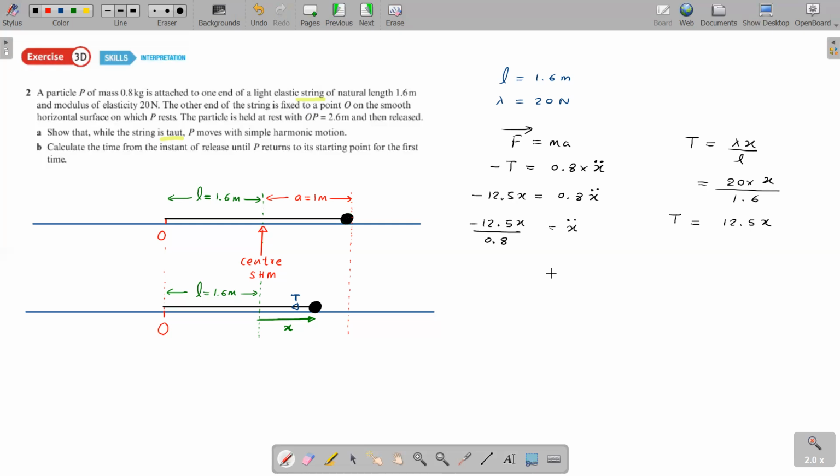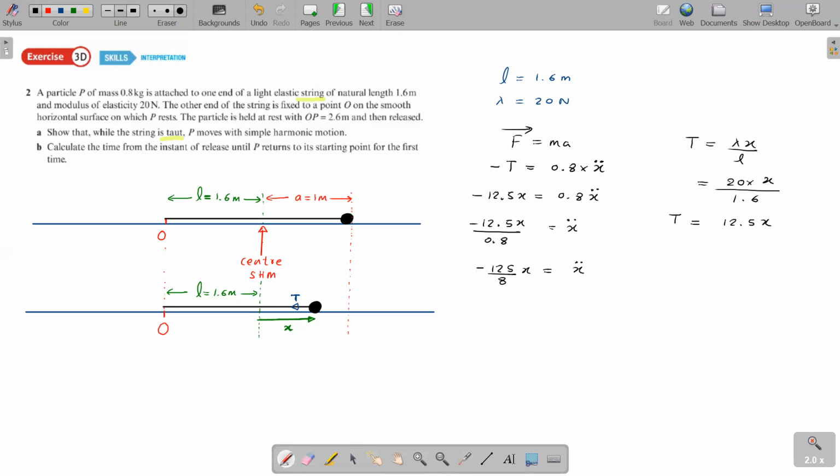That is 125 over 8, right? So minus 125 over 8 x equals x double dot. Or you can make it decimal, minus 15.625x equals x double dot. If you are going with the decimal, do not round any decimal. We need the full exact value, or else I would suggest you go with 125 over 8.